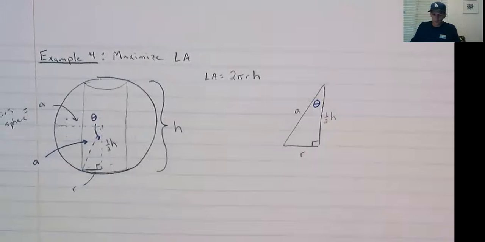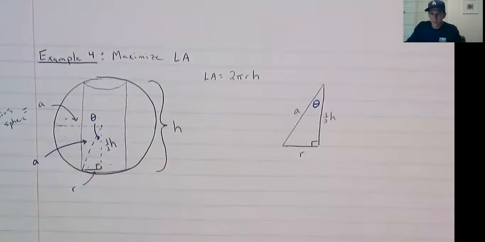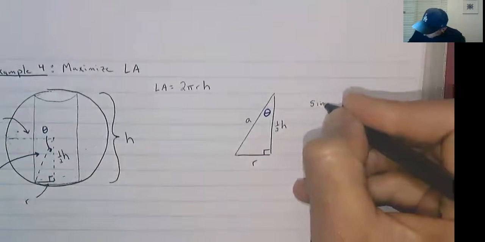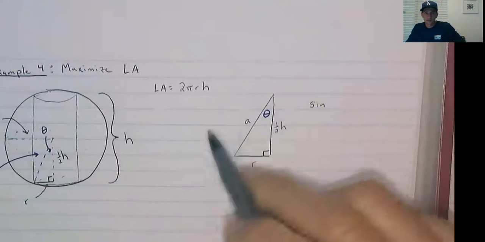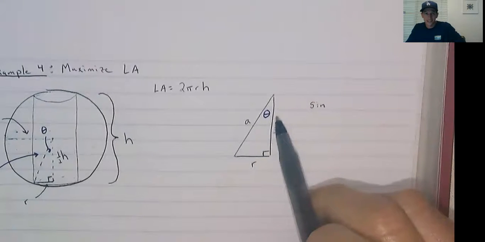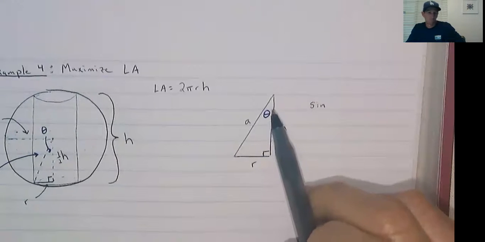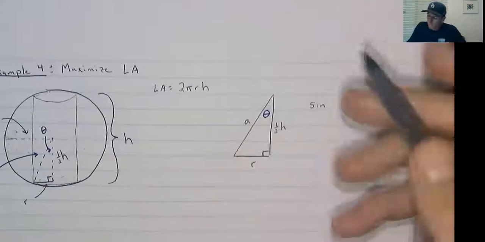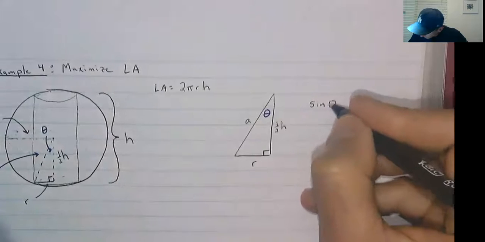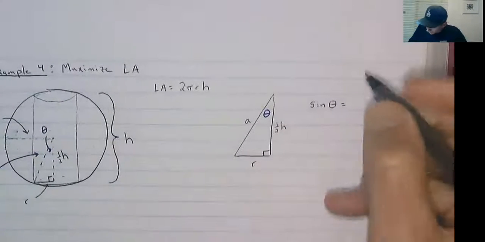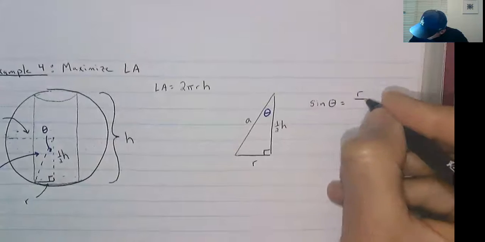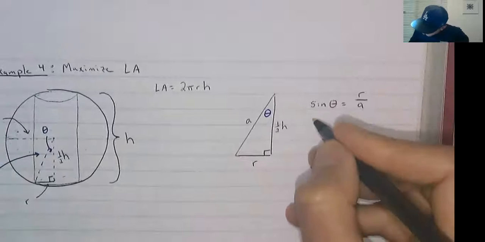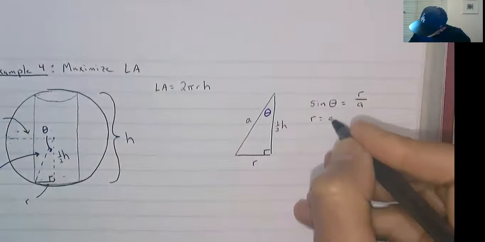And then with some trickeration here, we're going to recognize the sine of theta. So that was kind of a curveball. We're actually going to do the lateral area in terms of theta. We didn't even know theta existed until a couple seconds ago, but here we are. So the sine of theta is going to be R over A, which means that our radius is going to be A times the sine of theta.